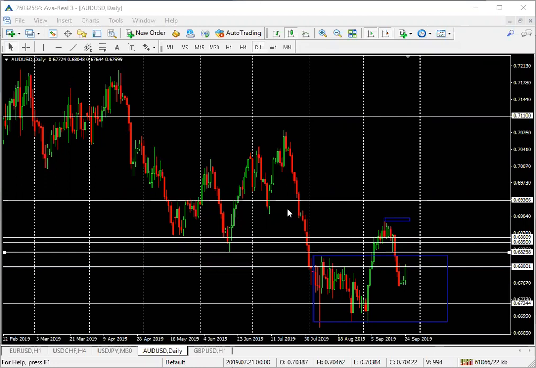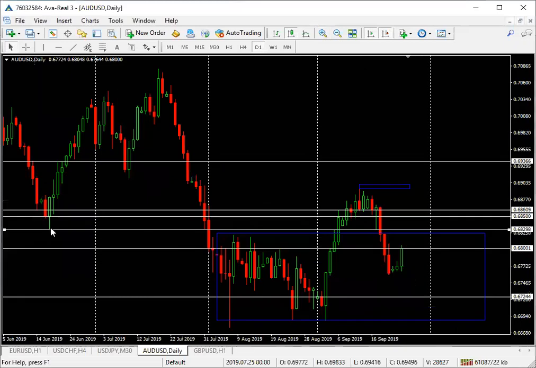Now, for a day trader, someone who wants to get into the market regularly, you're looking to use the smaller time frames. But if you are going to be a swing and position trader, then you're certainly going to focus more on the daily, the weekly, as well as the monthly support and resistance levels, okay? Now, let's say we've ascertained that this level over here was the previous support level.